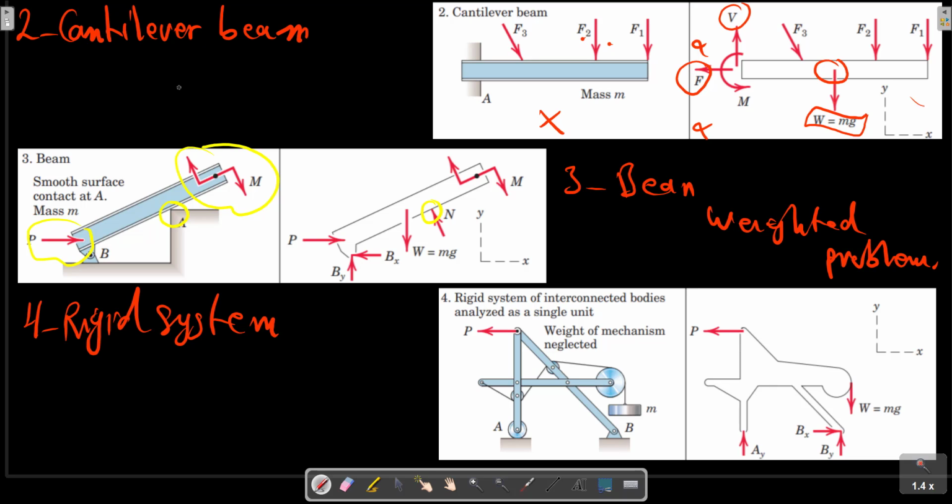Here we have external reactions on these two supports, and neglecting the internal force of the structure members and also the cable.